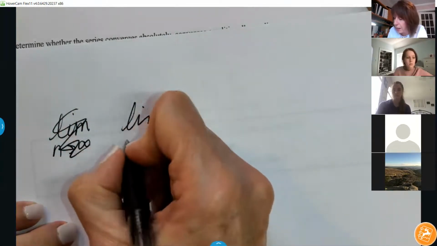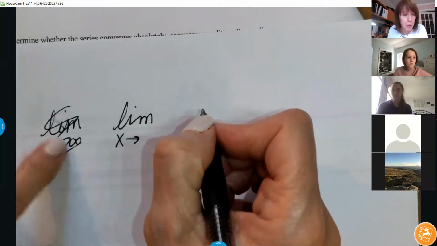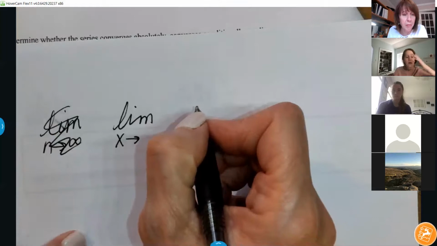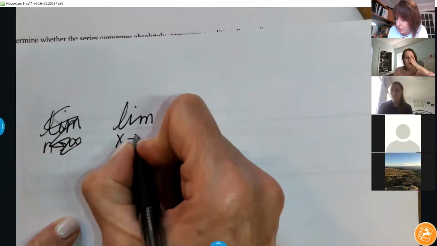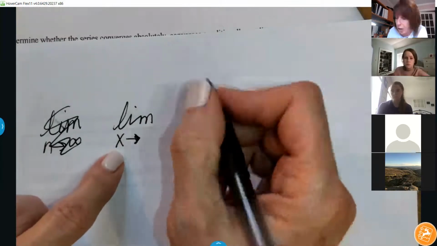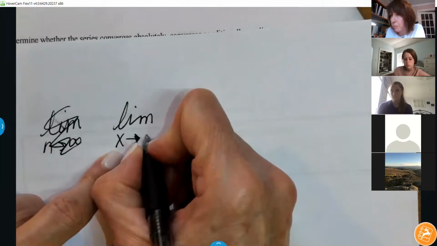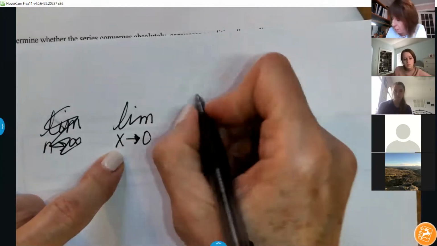We did a lot of limits in this unit, and every limit was n going to infinity every time. Just to keep us honest, let's do another limit where we have x going to 0.